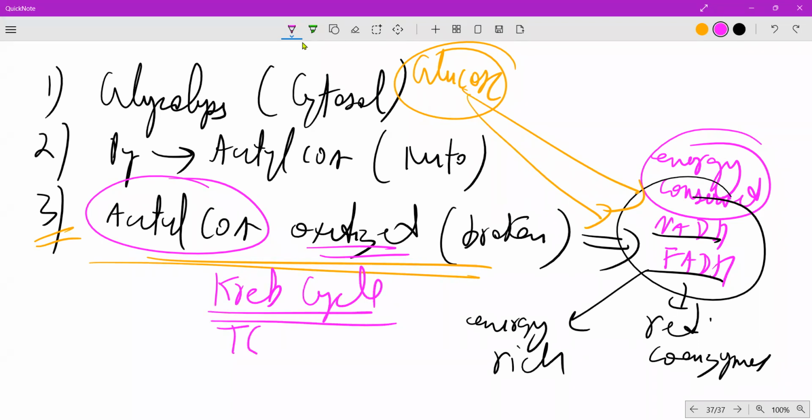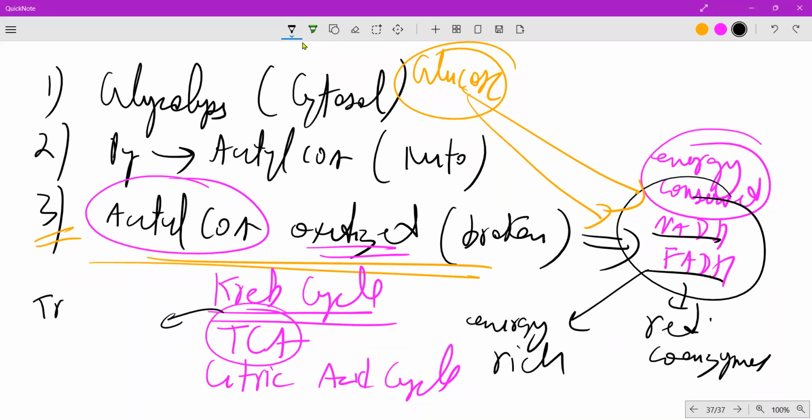Or we call it TCA cycle, citric acid cycle. TCA, tricarboxylic acid. What is TCA? This is tricarboxylic acid cycle. Look at this TCA cycle.